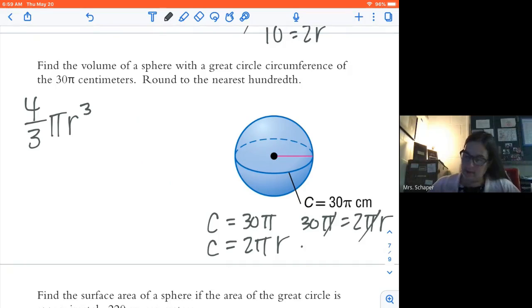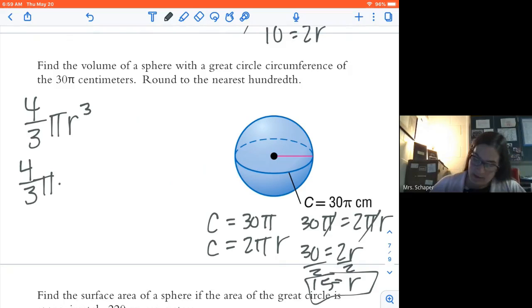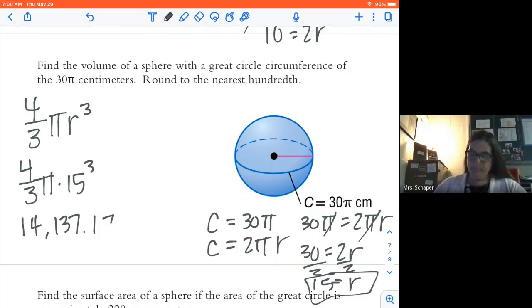The pi's cancel out. 30 is equal to 2r, so r is equal to 15. So 4/3 times pi times 15 cubed is 14,137.17 centimeters cubed.